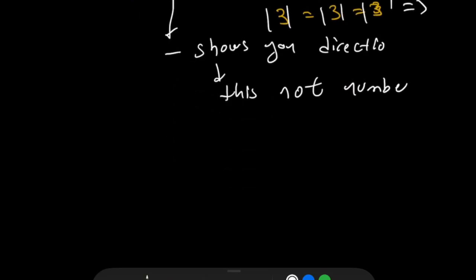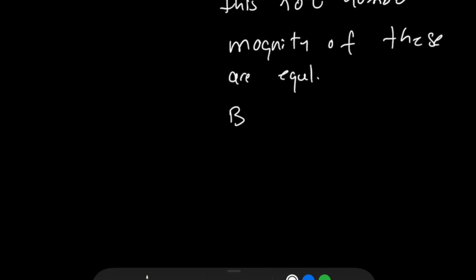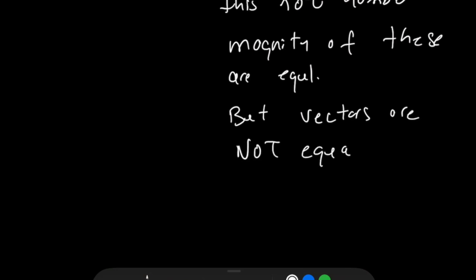It seems that the magnitudes of these are equal, but the vectors are not equal.